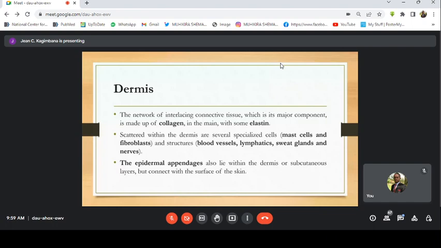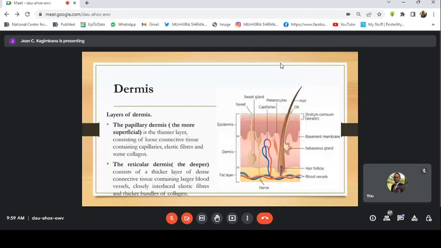And epidermal appendages, like the hair shaft that penetrates into the epidermis, the hair follicle with its sebaceous gland. These are the appendages. Okay? Now, we have seen this structure with the sweat gland.